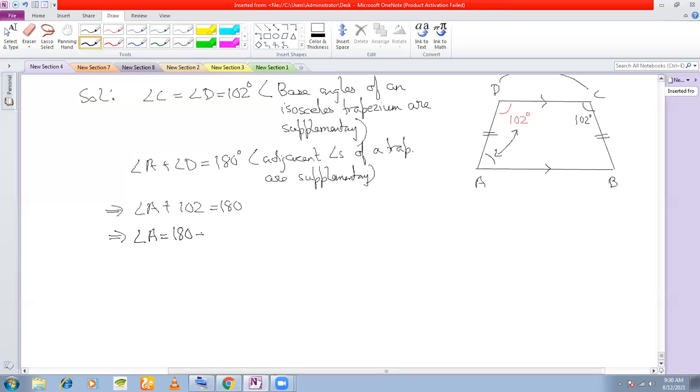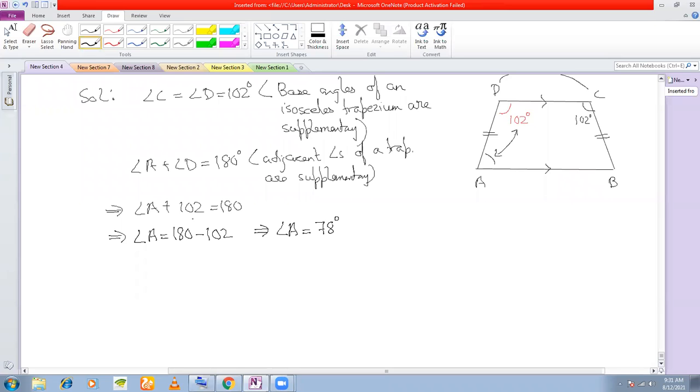180 minus 102. Sir, in this trapezium, angle A and angle B are also adjacent, no? Yes, they are base angles. They are adjacent, but they are also called base angles. Okay, sir. In the case of a trapezium, they are called base angles, and they are also adjacent.